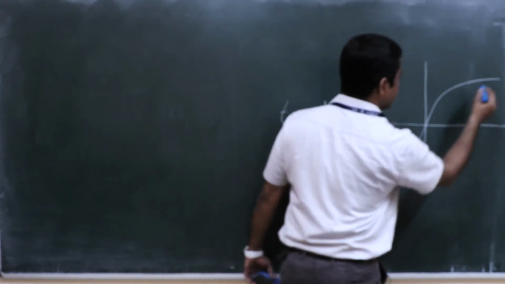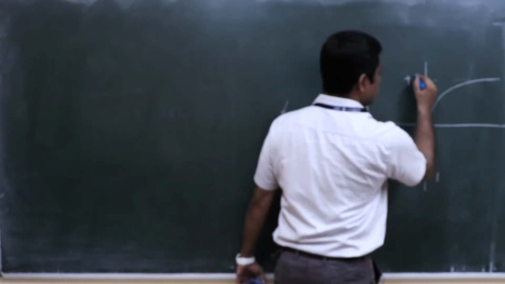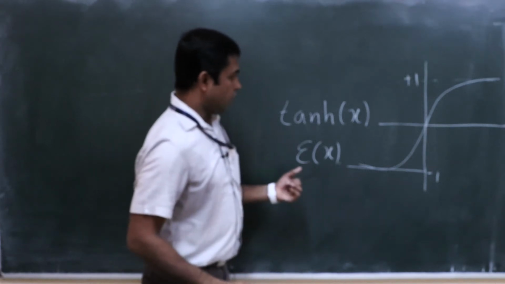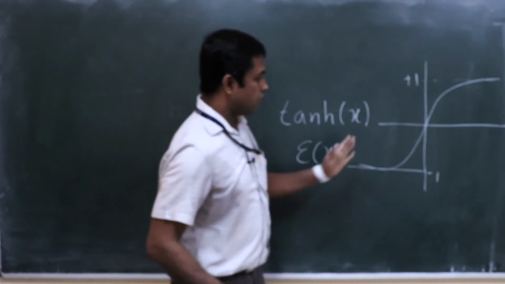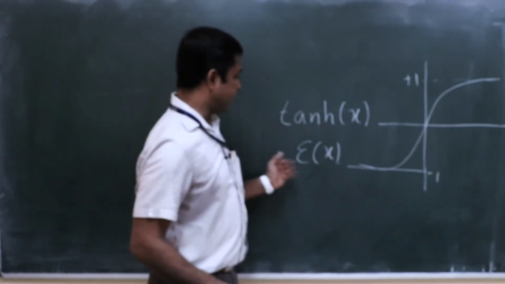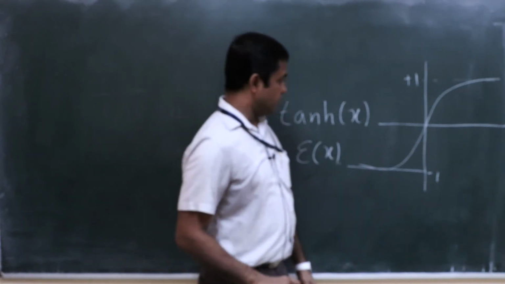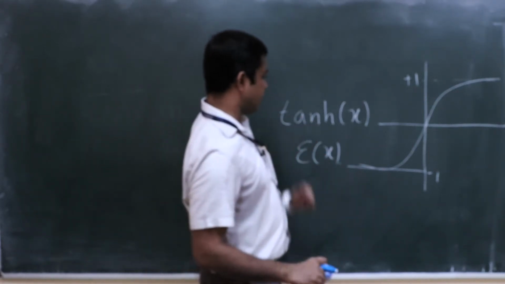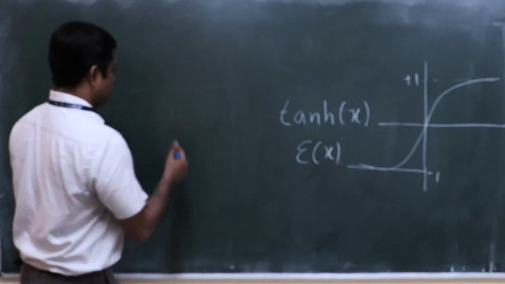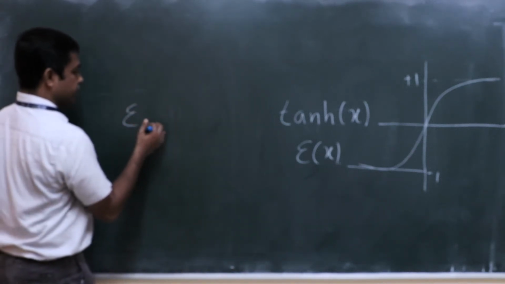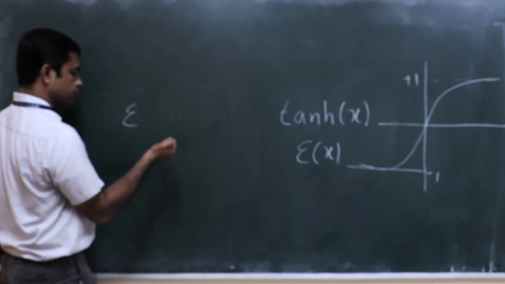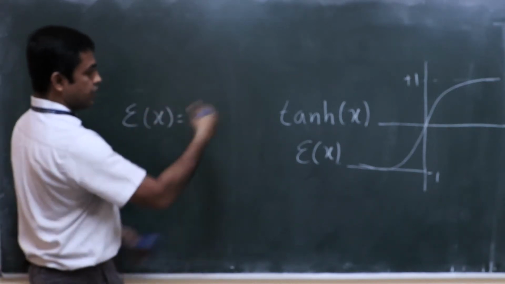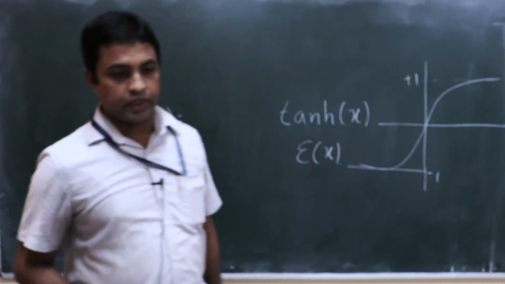This is minus 1 and this is plus 1. You know that epsilon of x is plus 1 for x greater than 0 and minus 1 for x less than 0. So how can I get a relation between epsilon of x and tan hyperbolic x? Can I write epsilon of x in terms of tan hyperbolic x?